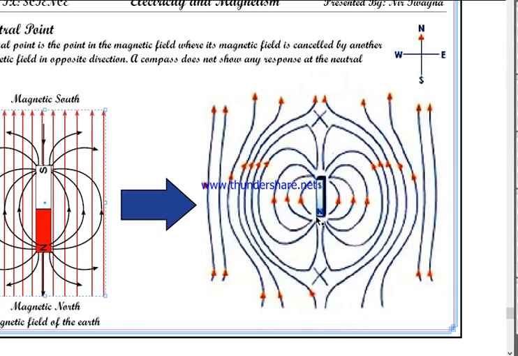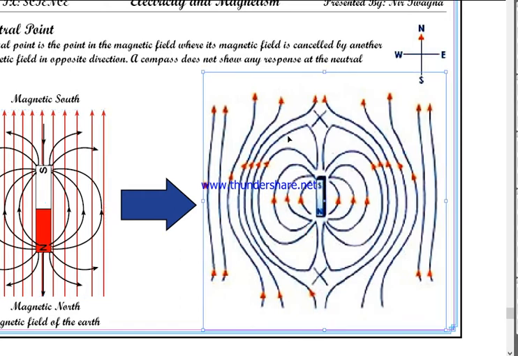And the magnetic field of the magnet is as usual. See, this one is as usual, and this one is also as usual, which has merged into the magnetic field of earth, this one. Okay. However, at this particular point, you can see the magnetic field of earth is moving upward, but the magnetic field of the magnet is moving downward.